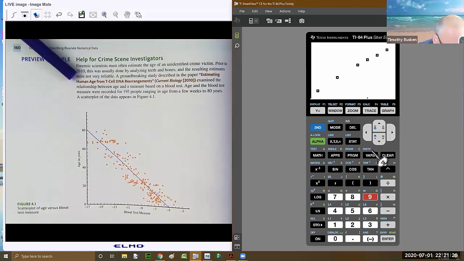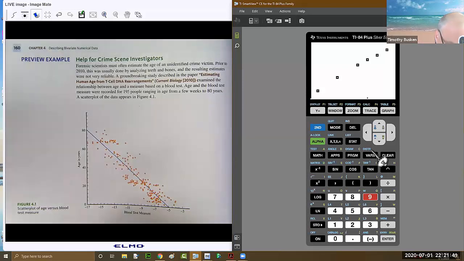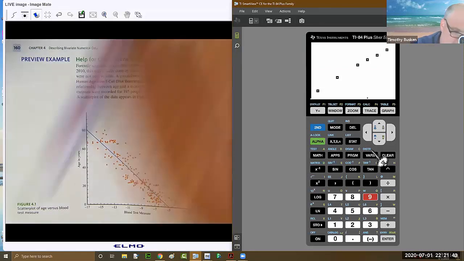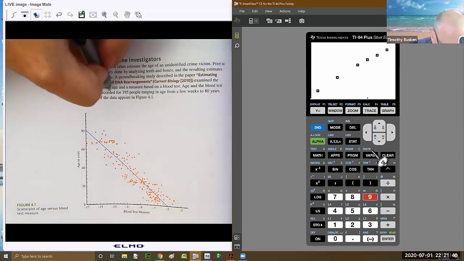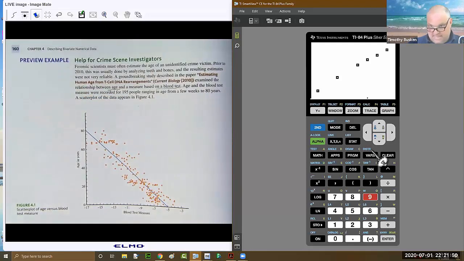A groundbreaking study described in the paper, Estimating Human Age from T-cell DNA rearrangements, examined the relationship between age and a measure based on a blood test. Okay, so they examined the relationship, and look what they found. They found down here a linear trend.